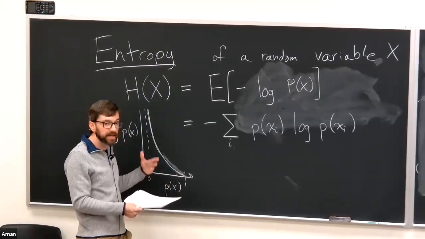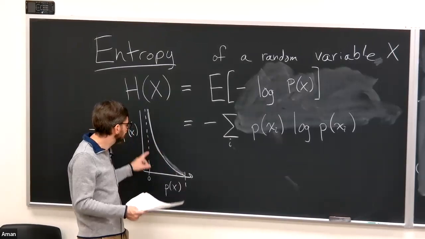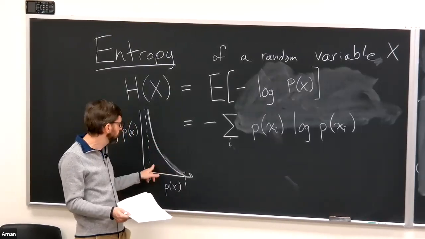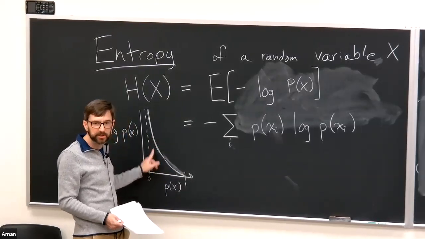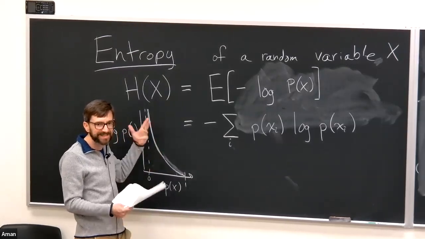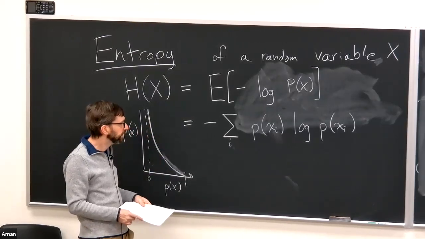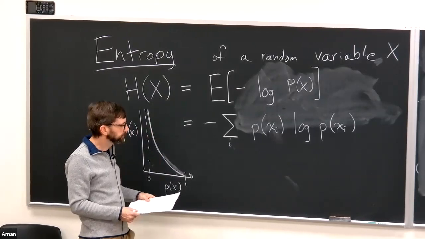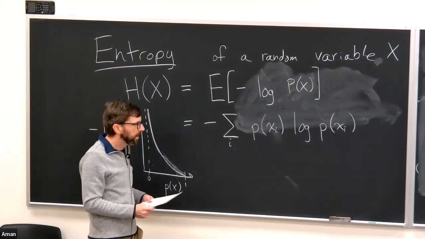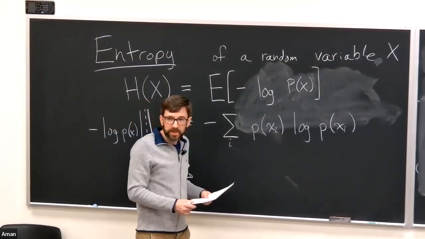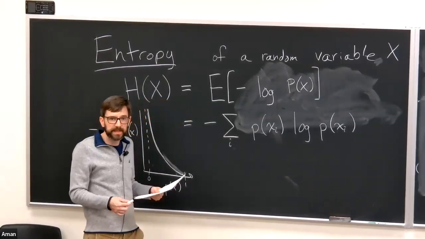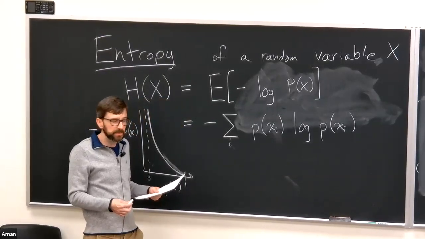If you saw a Z or an X, that happens much less often. It would end up farther along this spectrum, and you would get a high surprisal for seeing a character like that. So that's the idea. Any questions so far? That's the basic definition of entropy.